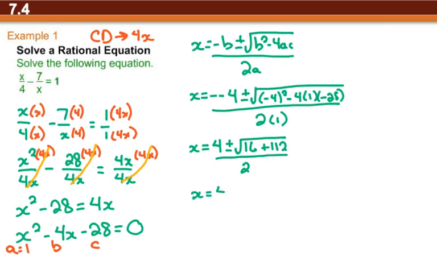Keep going, we get x equals 4 plus or minus the square root of 128 over 2, excuse me, not 4. We can do the square root of 128. Square root of 128 is roughly 11.3.